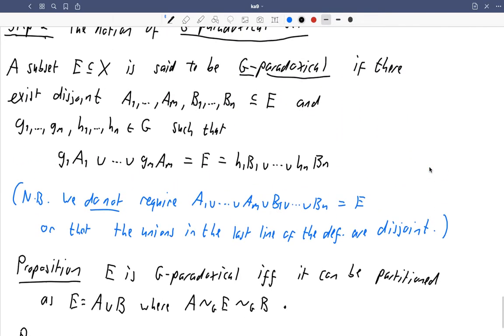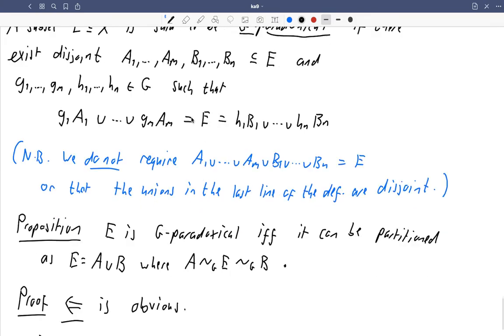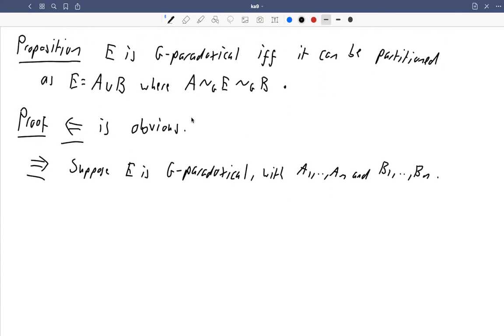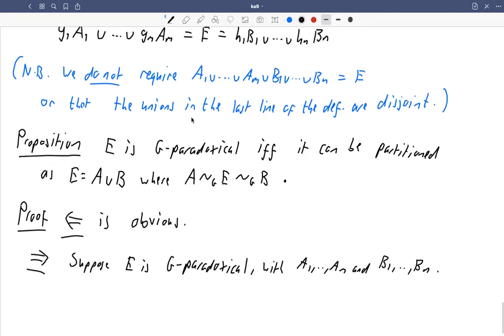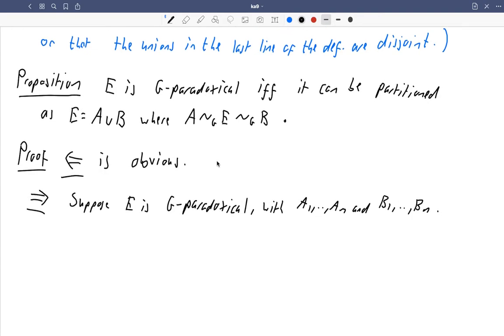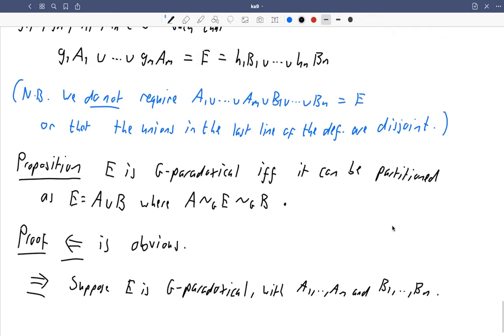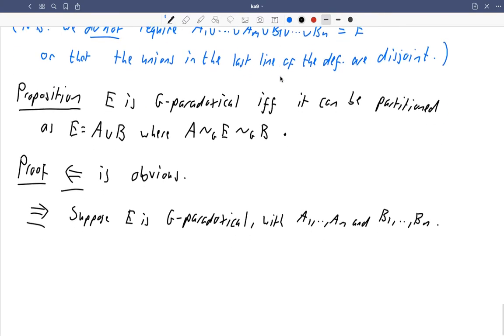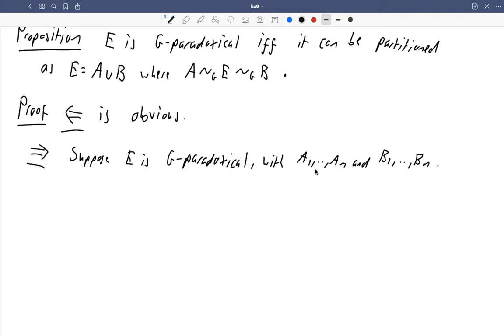So G paradoxicality gives us such sets A1 through to AM and B1 through to Bn. The first thing we want to do is ensure that these unions are disjoint. And actually that's easy. It's enough to remove sufficiently many elements from the A sets and B sets where there's an overlap here. And then one still has disjoint subsets of E that replace the original A's and B's.